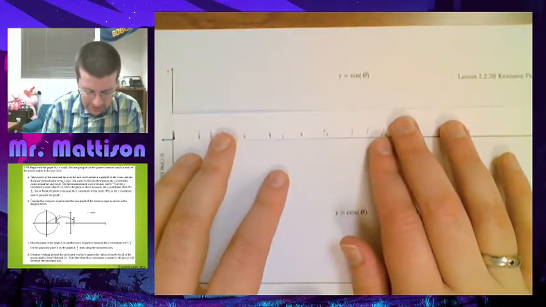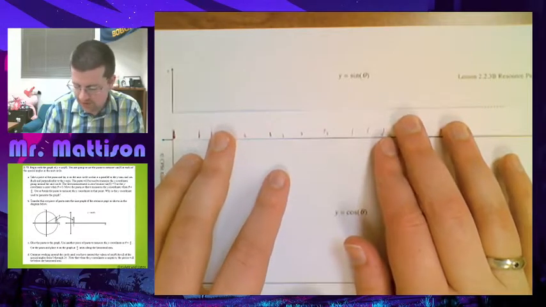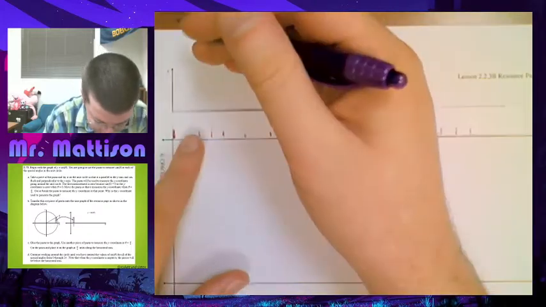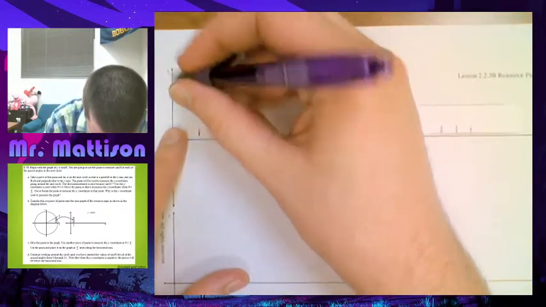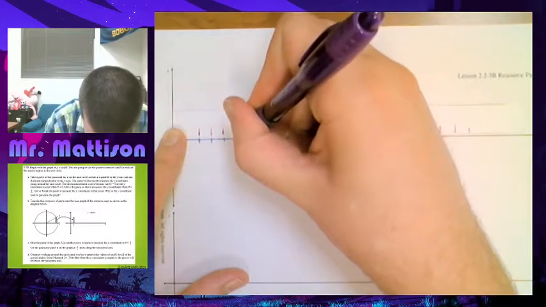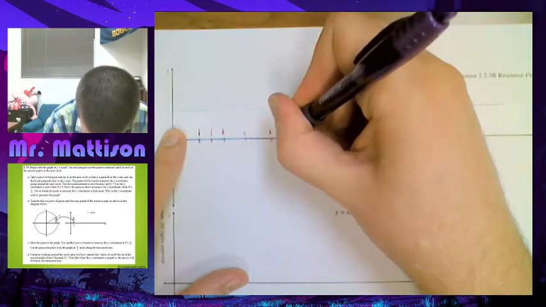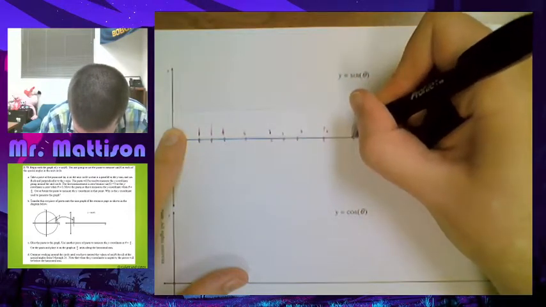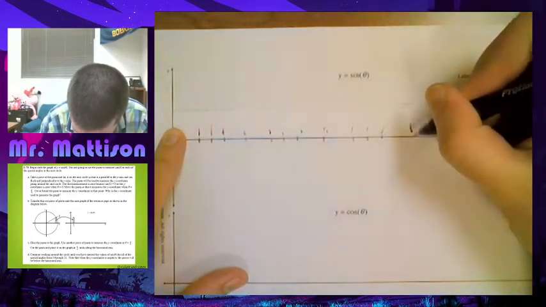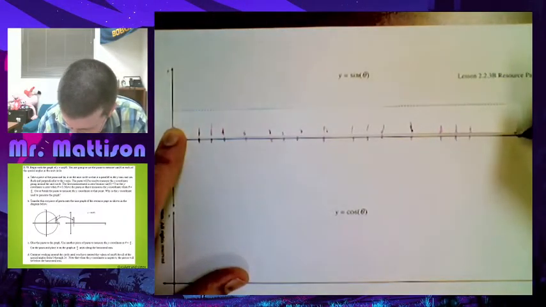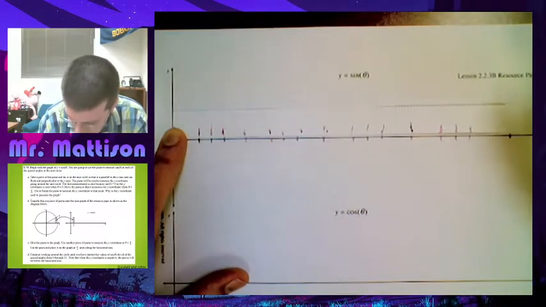So if I put that on the end, I have markings at every angle as I go around my circle. There's 0 at the start, and then I have here, here, here, here, here. Oh, probably should be a little more there. Here, here, here, here, and then the very end there.